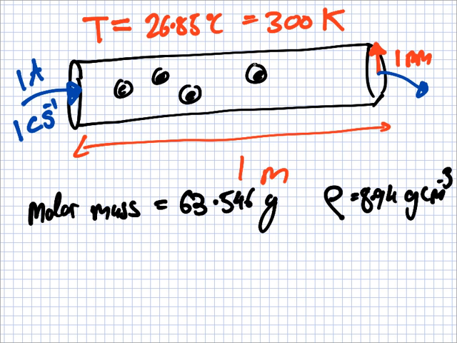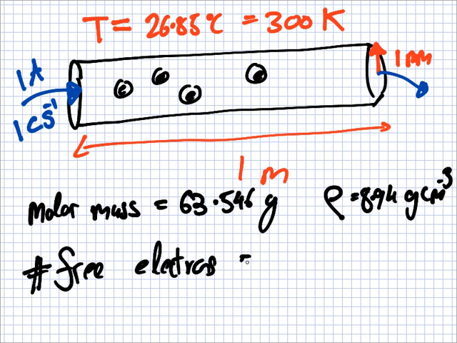Yeah. So I also tell you that the number of free electrons equals the number of copper, what's copper? Cu, isn't it? Number of copper atoms. So each copper atom has a free electron. I also tell you the charge and the mass of an electron.